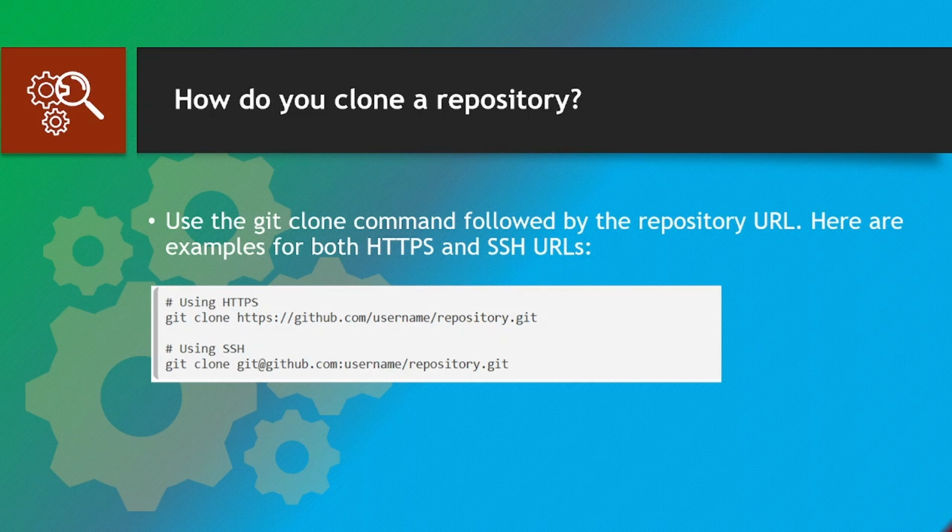For HTTPS we can use git clone followed by the https URL, and if you want to do it for SSH, then git clone git@github.com:username/repository.git. So these are the two ways we can clone our repository.